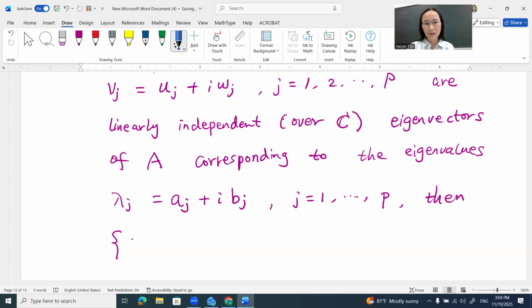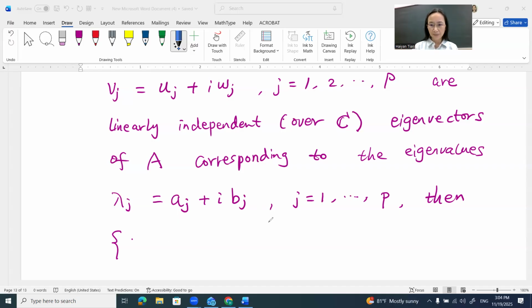We also have 2p eigenvectors. Although we don't need to list them all in this theorem, you should keep in mind that they include the conjugates, so they are also eigenvectors and eigenvalues.